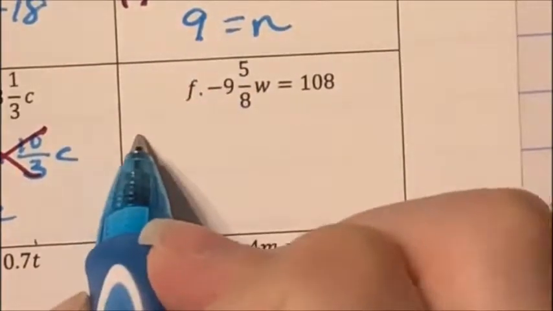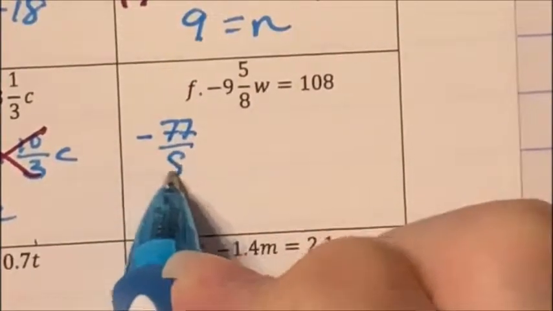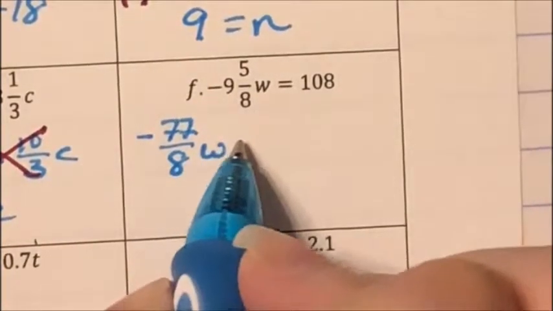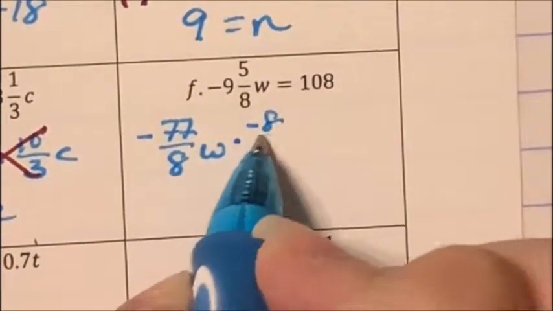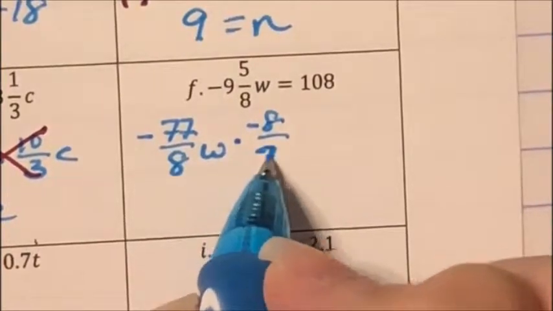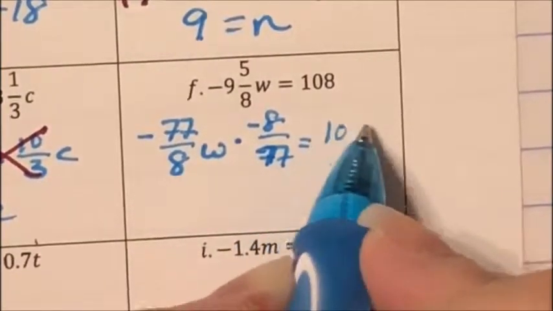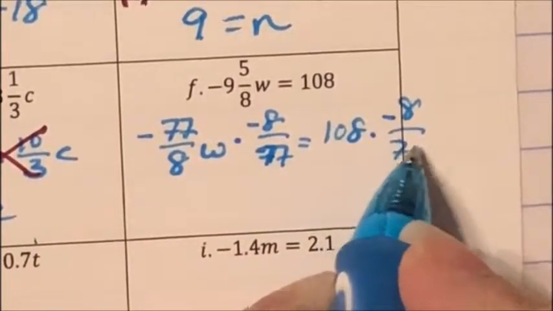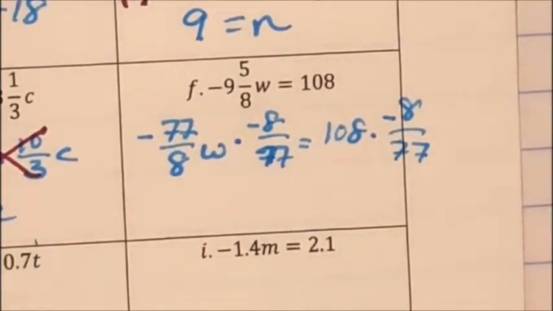So I have -77 over 8 W. Okay, and I want to multiply that by the reciprocal, which is -8 over 77 equals 108 times -8 over 77.